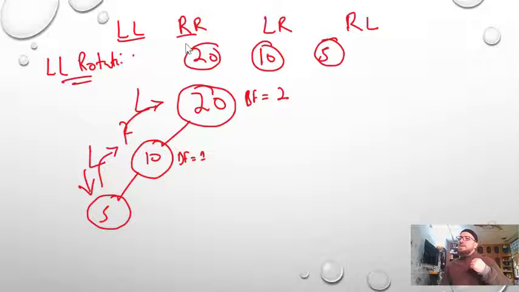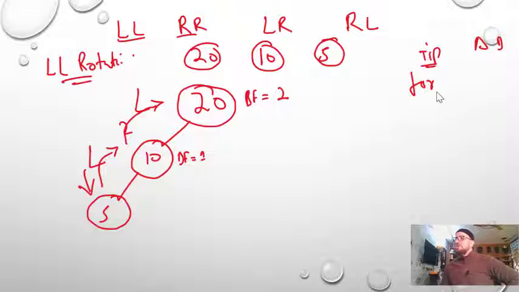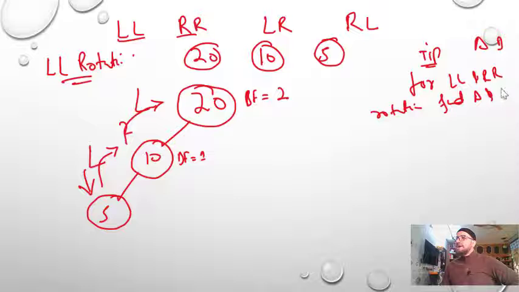Here is the tip or shortcut: find A and B, then make A a child of B.